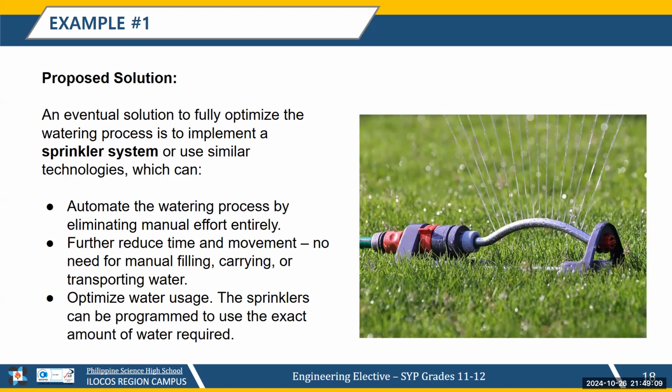So hindi mo na kailangan magpunta sa storage room, kunin yung container, i-turn yung faucet, hintayin mapuno, etc. Okay, so this will further reduce the time and movement. No need for manual filling, no need for carrying or transporting water kasi naka-automated ka na. Optimize water usage. The sprinklers can be programmed to use the exact amount of water required. So this is for more advanced sprinkler systems siguro.